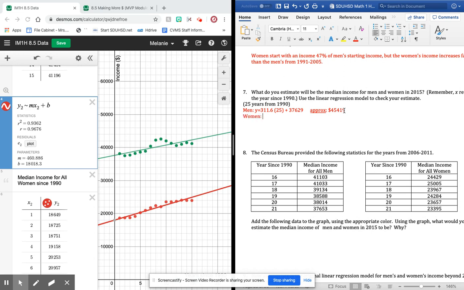Okay, so for women, I just want to go ahead and use their linear regression model.